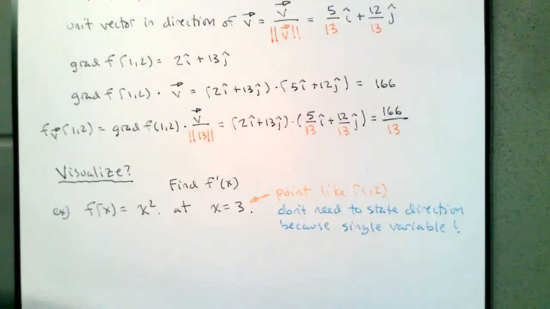This will tell us how the function is changing when x equals 3. In the multivariable problem, I have to say, how is the function changing at the point 1, 2 in the direction of u or in the direction of v?